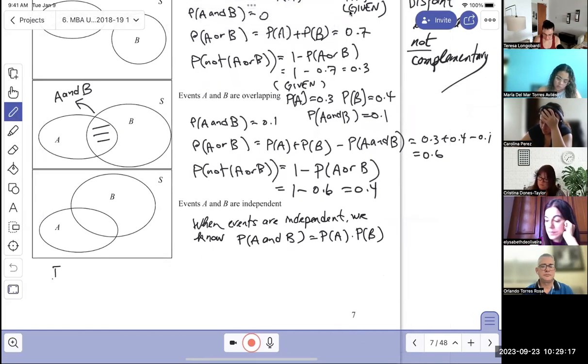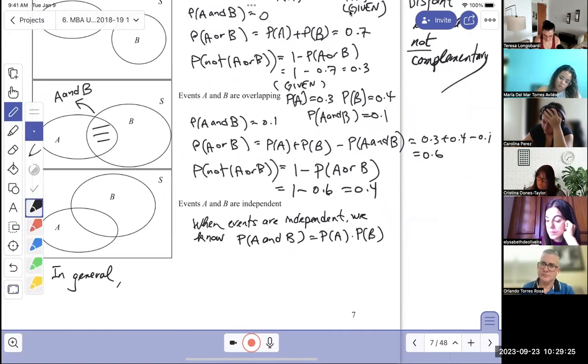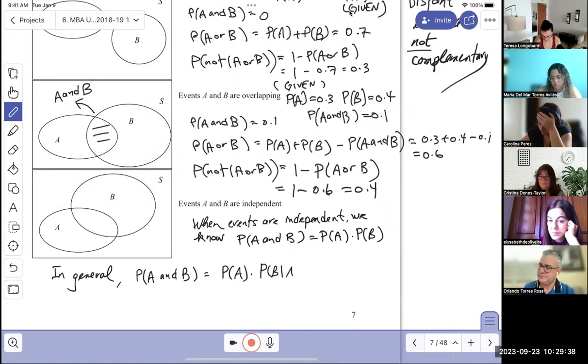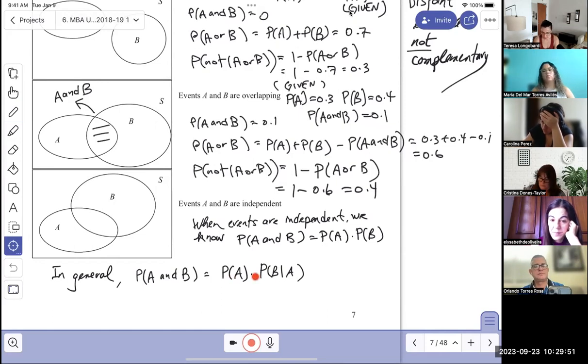So in general, this is how we define, or this is how we would find the probability of two events happening simultaneously. We would take the probability of the first one and multiply it by the probability.